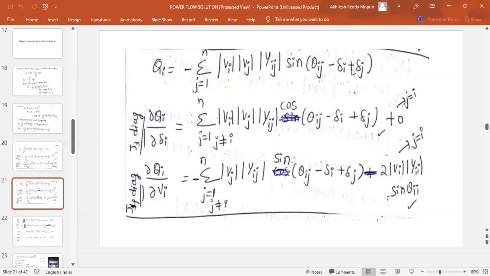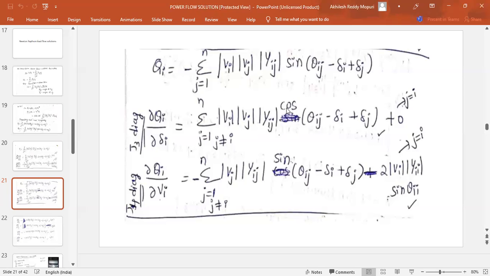Since the minus del I and plus del I get cancelled, the j is equal to I case becomes 0. So that term will be 0. So excluding j is equal to I condition, summation j is equal to 1 to n, j not equal to I, Vi, Vj, Yij.